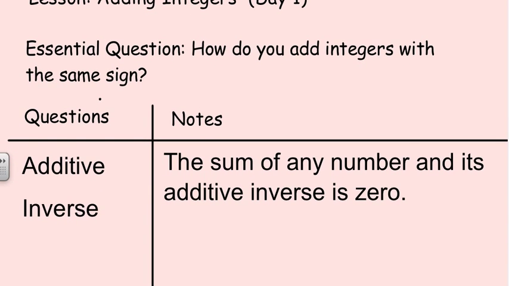So let's just take a brief recap of the other day and talk about what an integer was. You don't have to write this down, but I just want to quickly remind you that an integer is any whole number and its opposite.